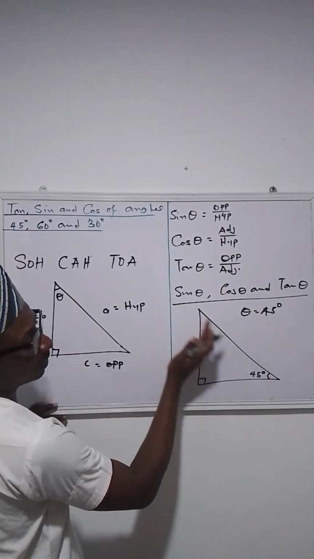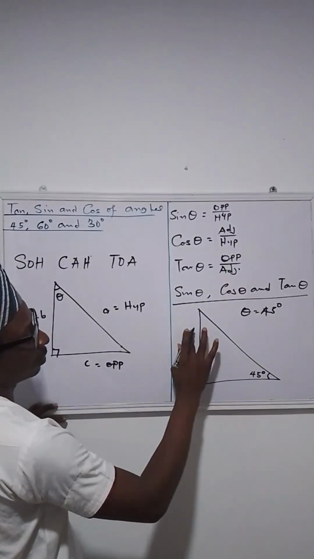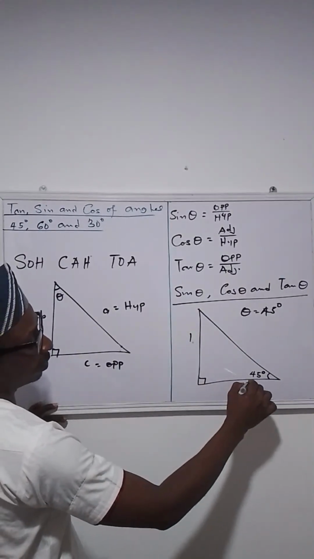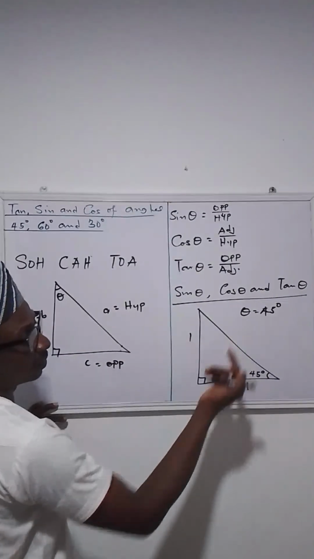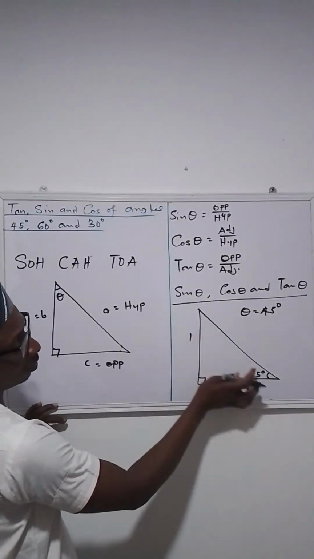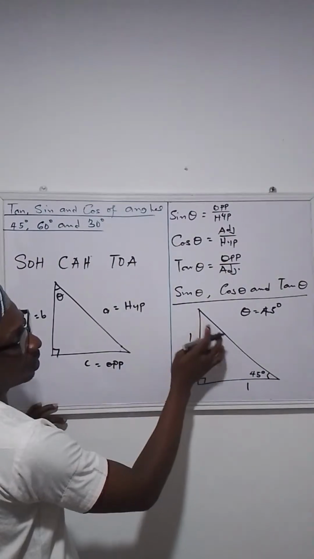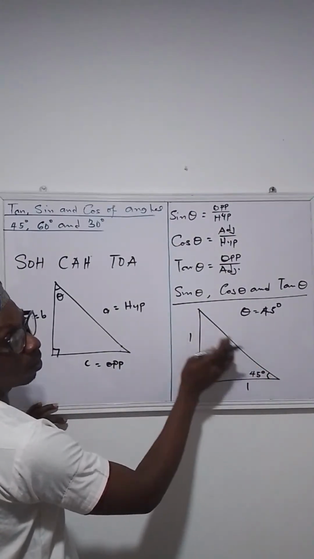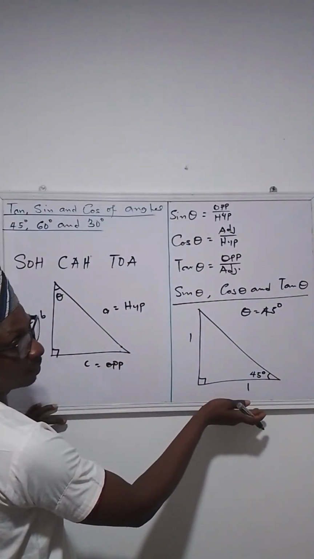That means this side and this side must be equal. So I'm putting 1 unit and 1 unit. We can get this because the addition of these two angles must give you 90. Since this one is 90, these angles are complementary, so when you add them together, it must give you 90 degrees.